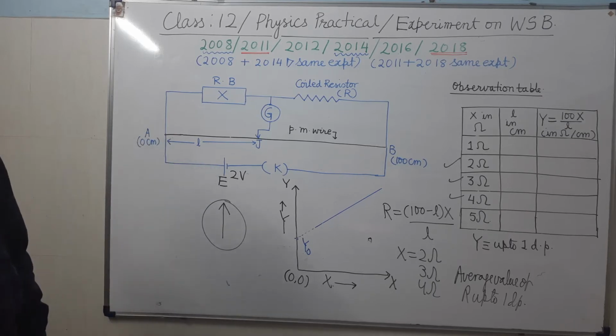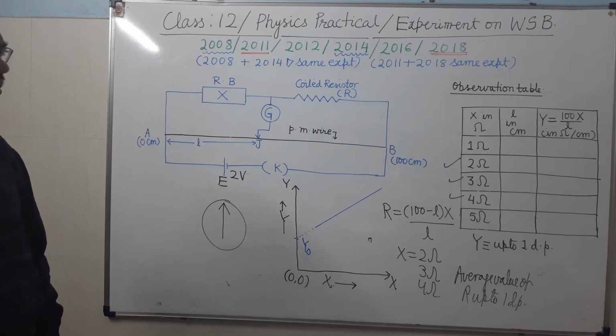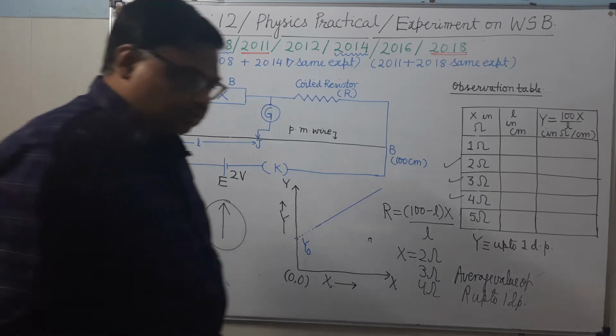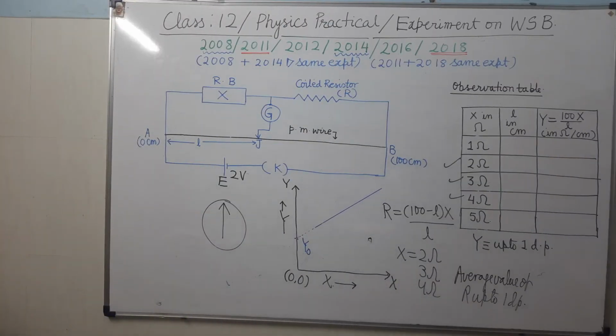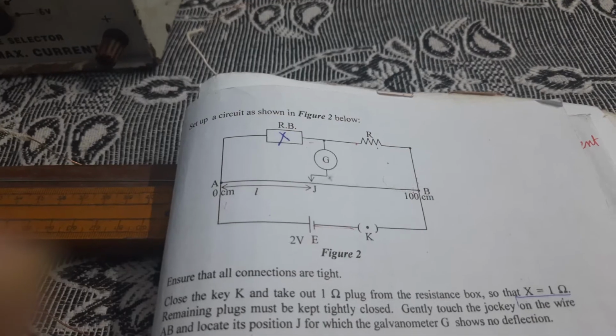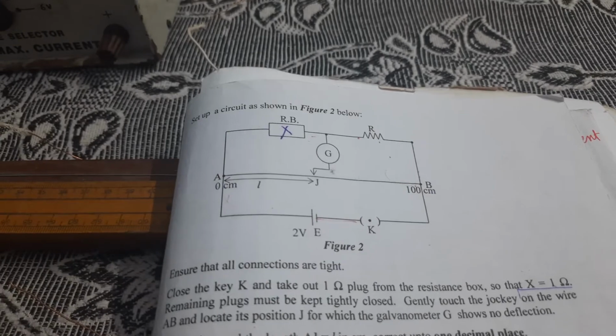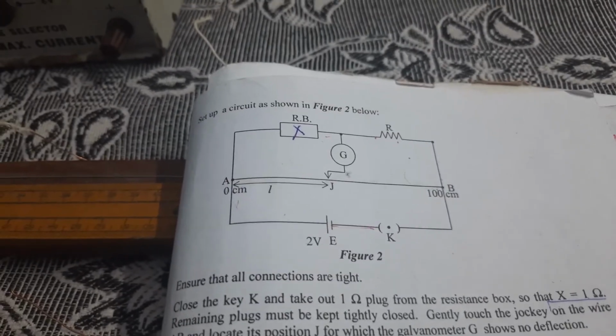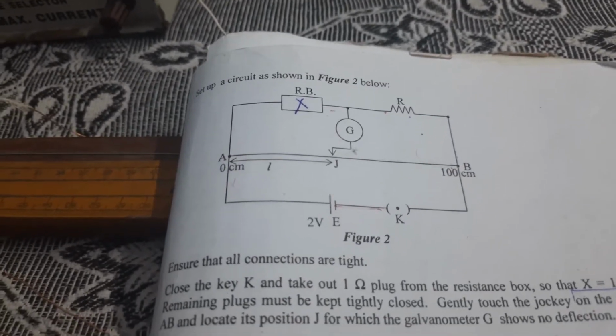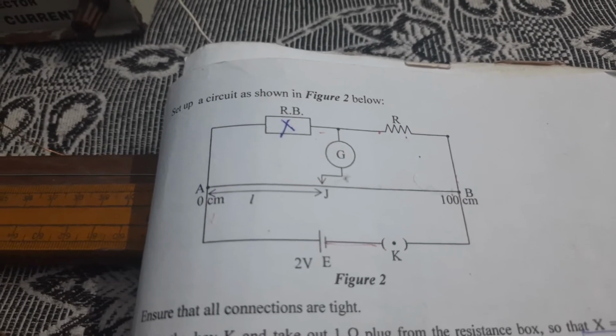Then how will you take the observation? That I am explaining to you. So now students, I am going to explain how you will set up the circuit. First you see the circuit diagram.